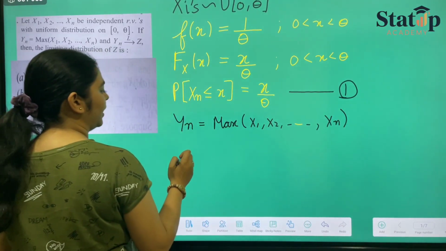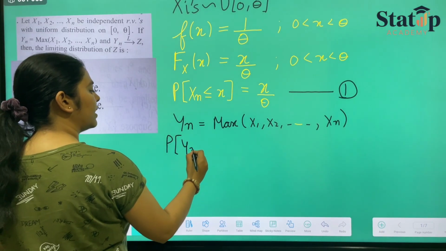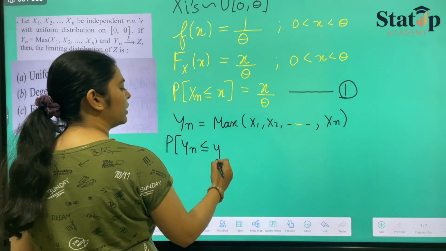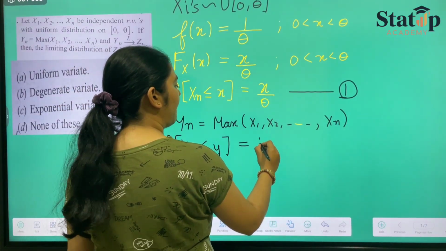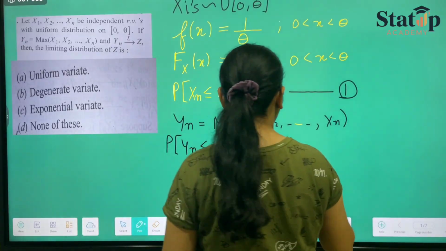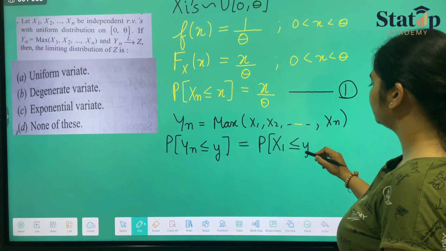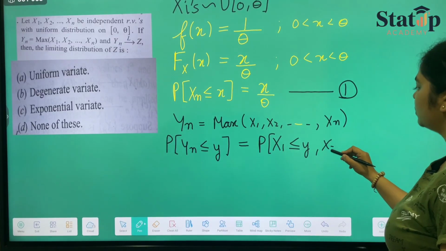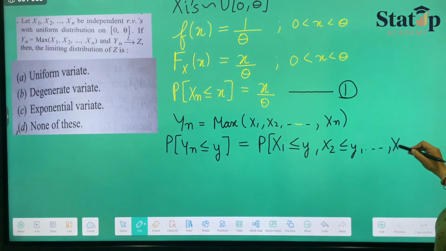So the probability that Yn is less than or equal to y will always be equal to the probability that X1 is less than or equal to y, X2 is less than or equal to y, and so on up till Xn is less than or equal to y.